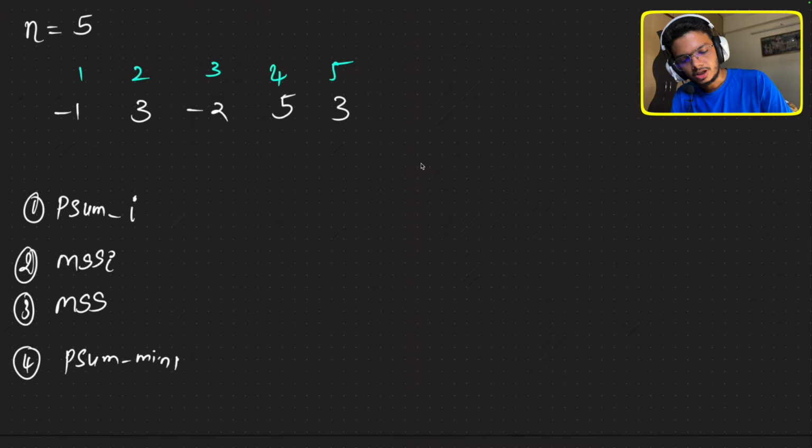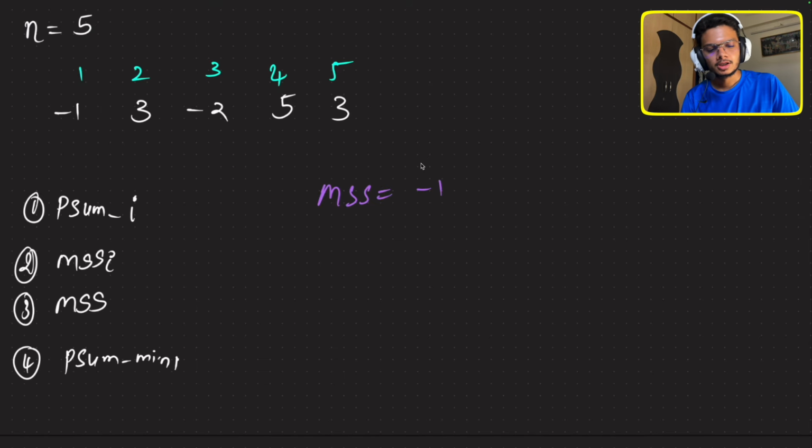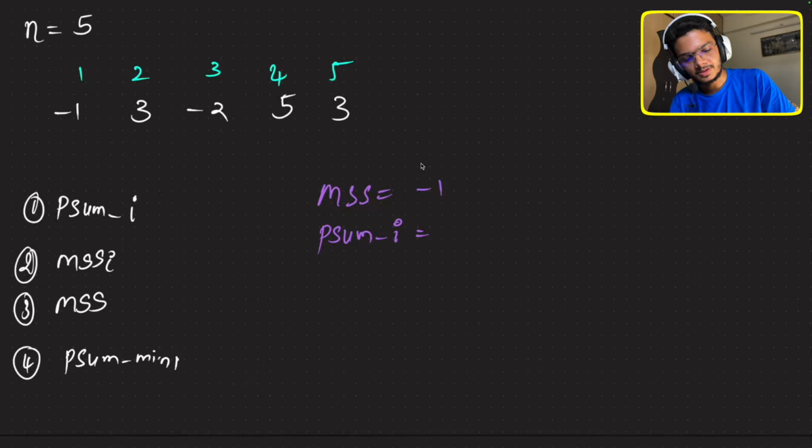Fine. So initially, what is MSS? MSS, maximum subarray sum, is initialized to -1, and then we initialize prefix sum of I. What do we initialize prefix sum of I to? A1. So it is -1. And what is prefix sum of mini?